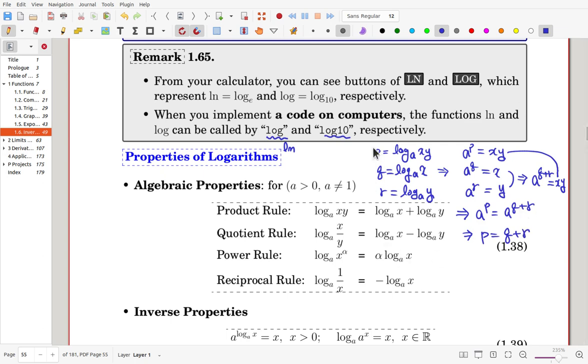We start with p, q, and r, and we end up with the first being the addition of the other two, which is exactly that identity.